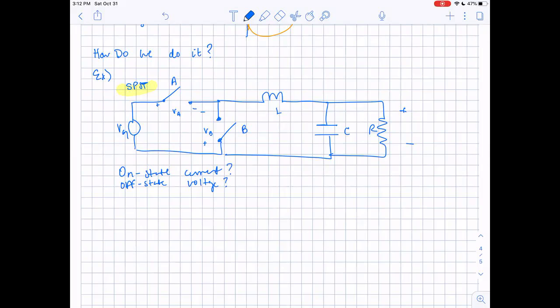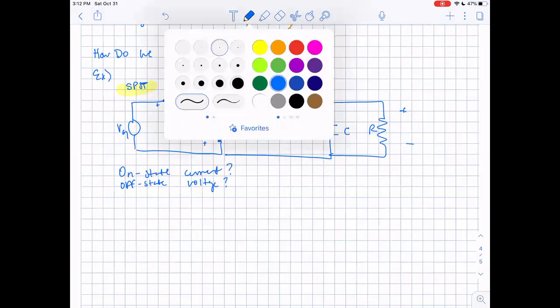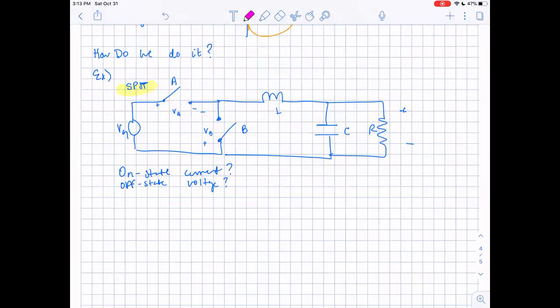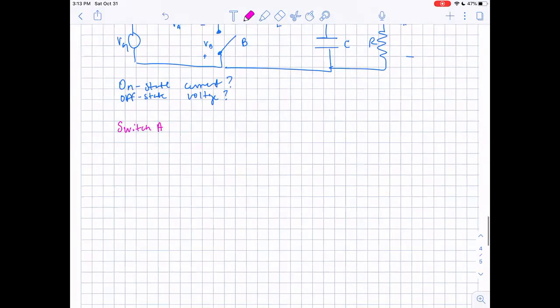Okay, so let's take this one step at a time, right? Let's do switch A first. The way you do this, you have switch A on, and then you turn B off.